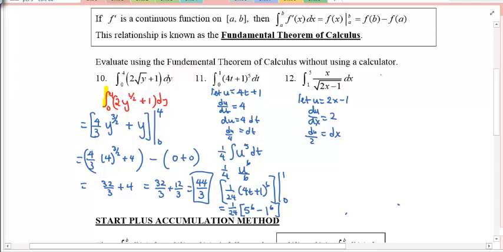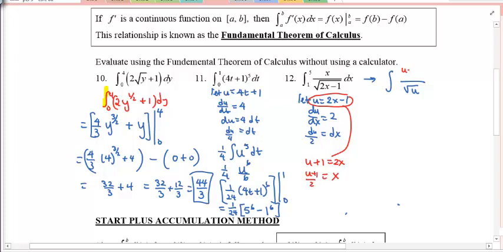Now, if I were to replace this now, I get the integral, and notice it's root u, but I still have this x here. So hopefully you can see that I can go ahead and maybe solve for x. u plus 1 equals 2x. So x equals u plus 1 over 2.